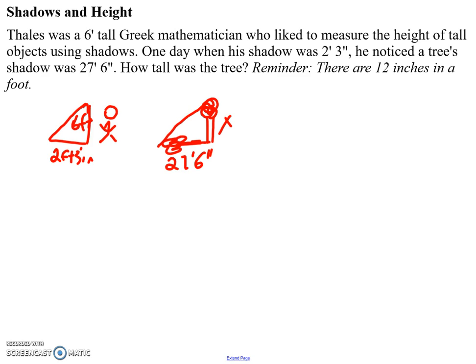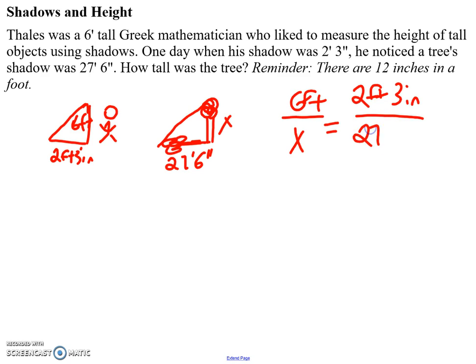So what we can say is that the 6 feet compared to x will equal the 2 feet 3 inches compared to the 27 feet and 6 inches.